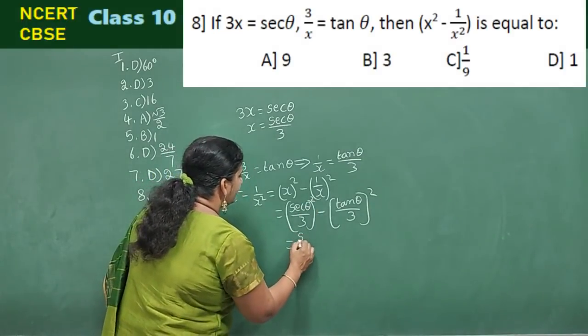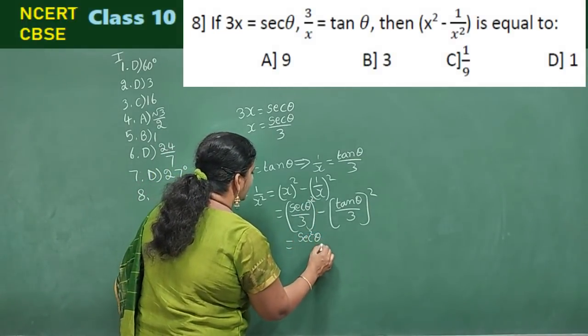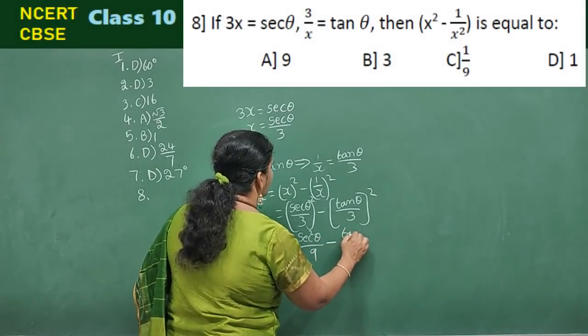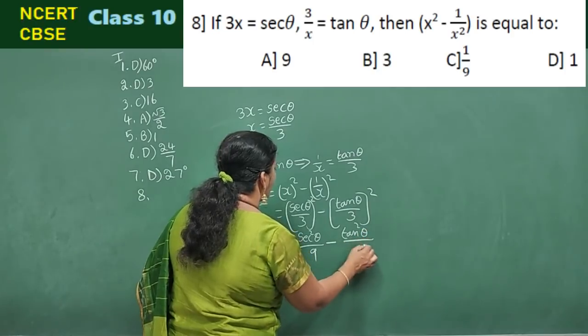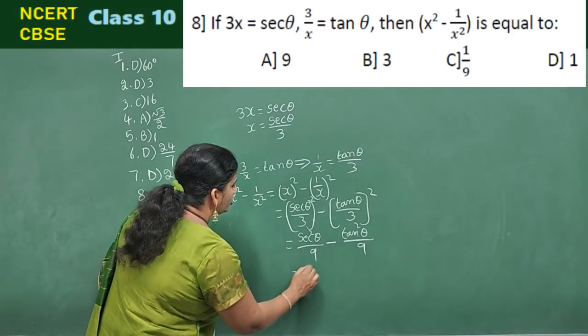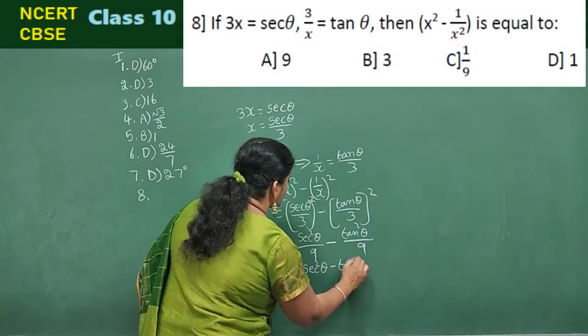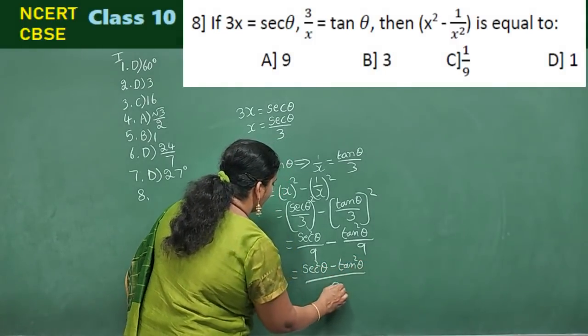Do whole square. Secant square theta by 3 3s are 9 minus tan square theta by 3 3s are 9. Do LCM. Secant square theta minus tan square theta by 9.